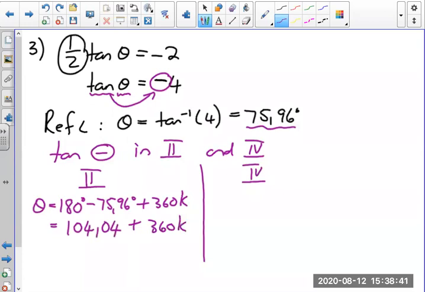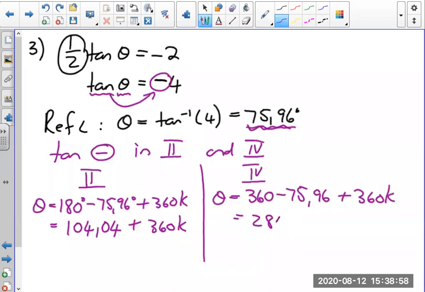And for quadrant 4, you say the angle is equal to 360 minus the reference angle again, plus 360k, and you get 284,04 plus 360k.